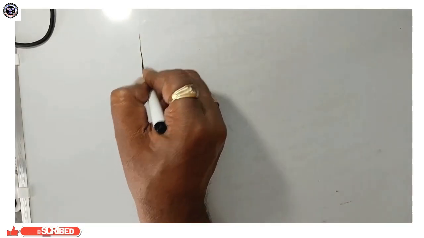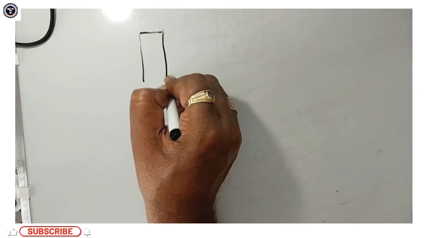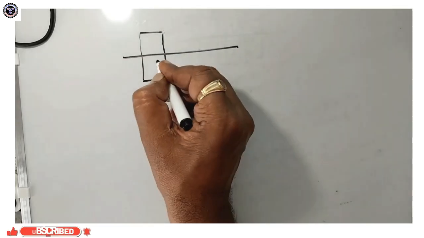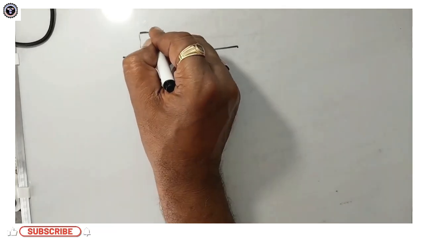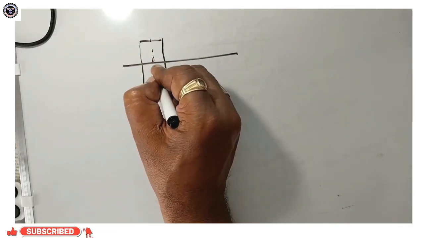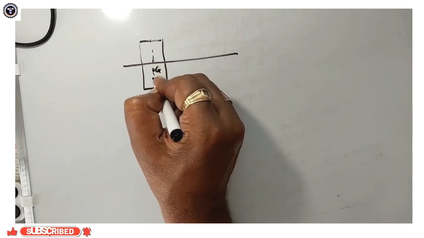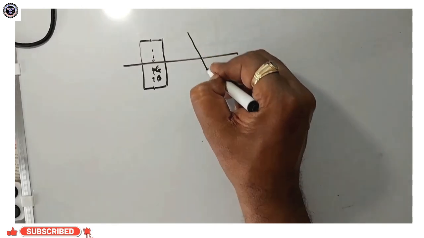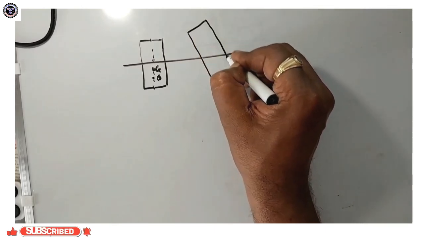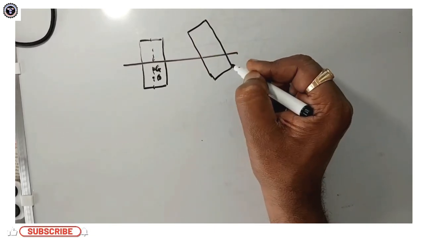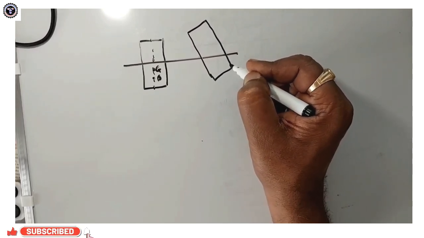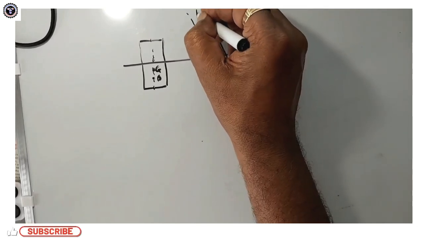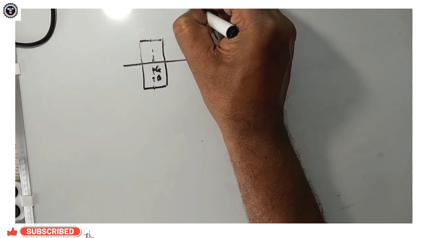Now this is the body floating in water. This is G, this is B, and the tilted position by angle theta.